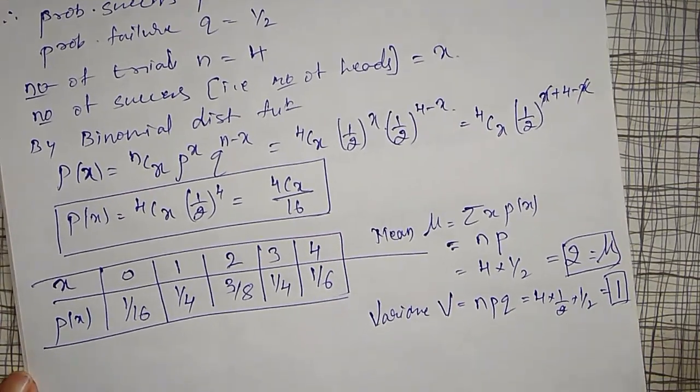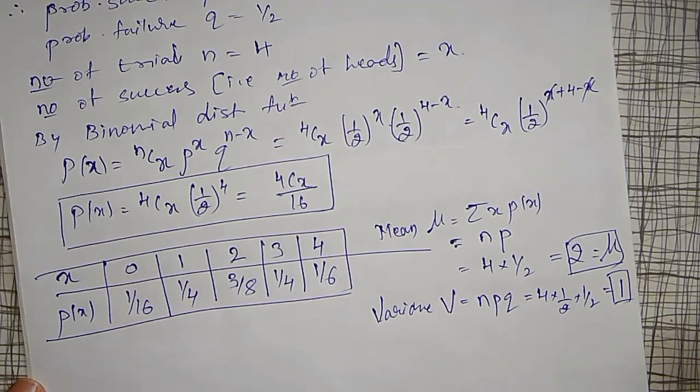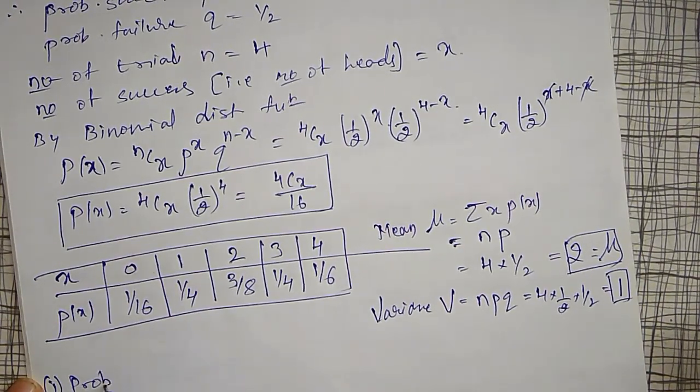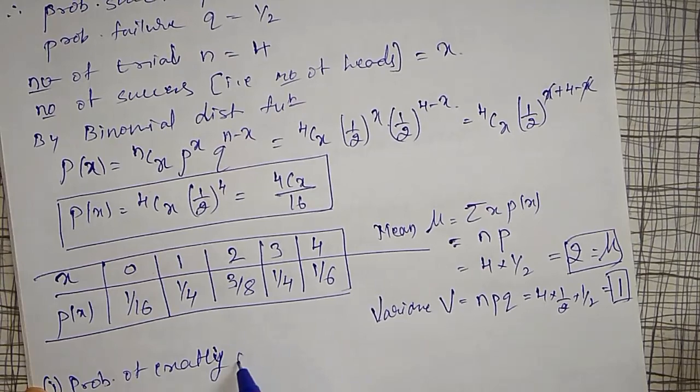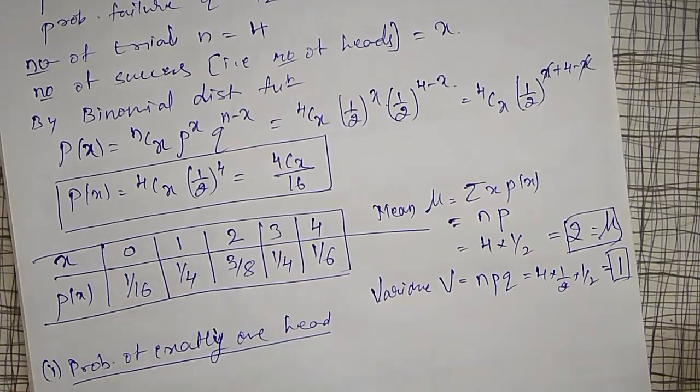Then, let me find the probability of exactly one head. What is the probability of exactly getting one head? I know this is 1 by 4.